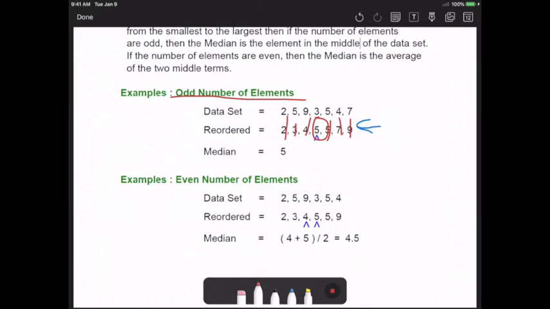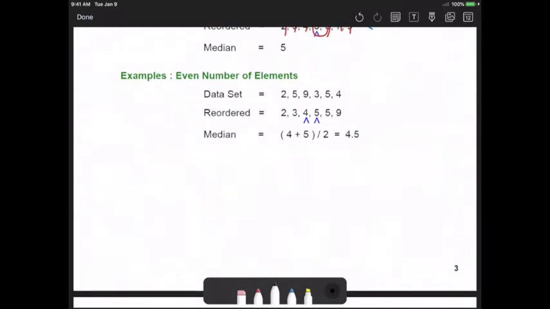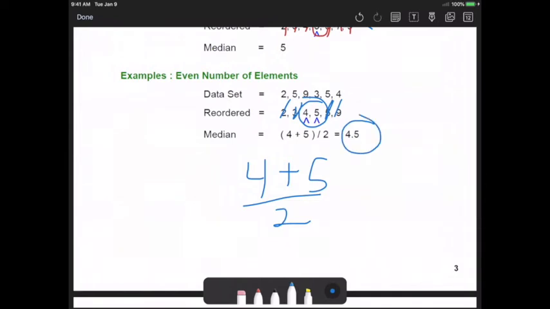Now, what happens when you don't have an odd number? You have an even number. So let me just move my page up. So if you look at this one, again, you put them in order. We karate chop. First one, last one, next one, second last, and then you have 2 numbers. Whatever those 2 numbers are, you add them and then divide by 2. So that answers 4.5.